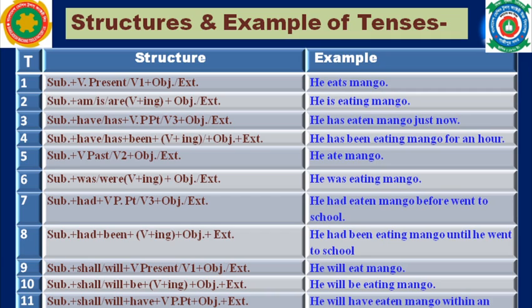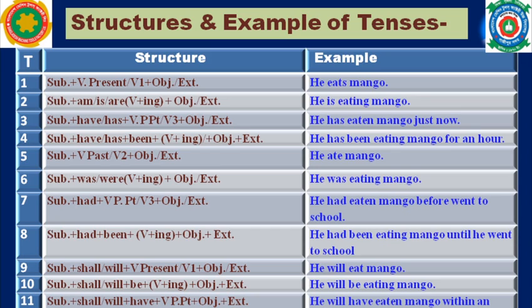Here also I have already said you have to memorize the conjugation of verbs. When you learn that, you can easily identify which form is in the verb. That means eat, ate, eaten. Ate is the past form. Okay.